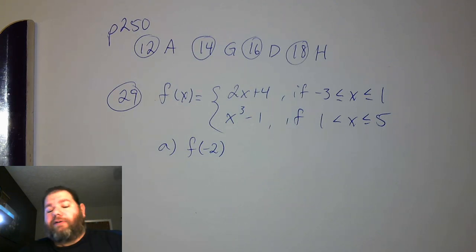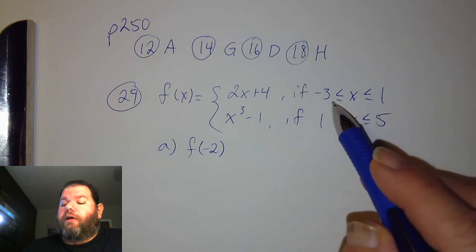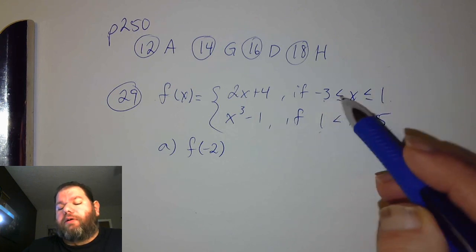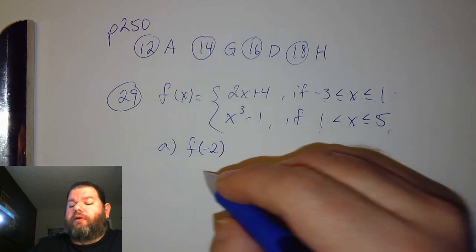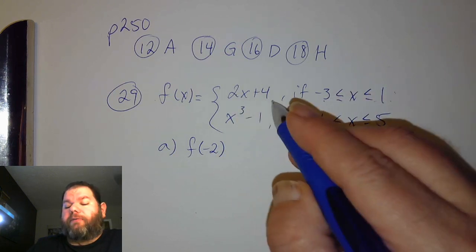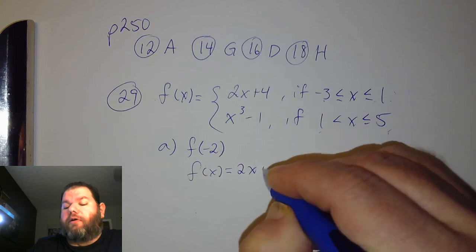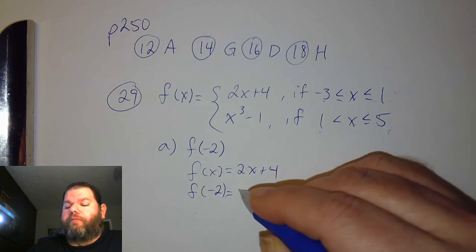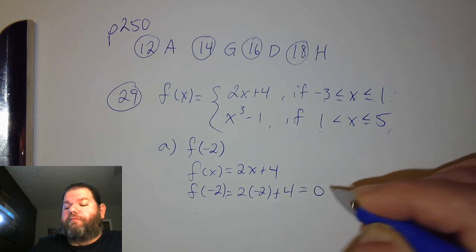And so as we discussed on Monday, we figure out, okay, if x is negative 2, is it between negative 3 and 1, or is it between 1 and 5? Well, negative 2 is certainly between negative 3 and 1. So we use 2x plus 4 for f of x. And then plug in negative 2. And that gives us a value of 0.